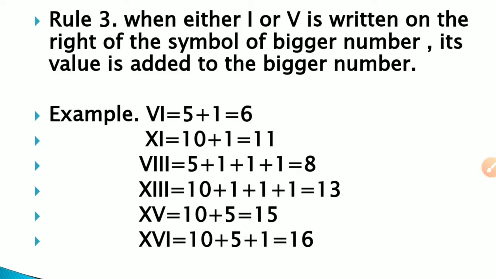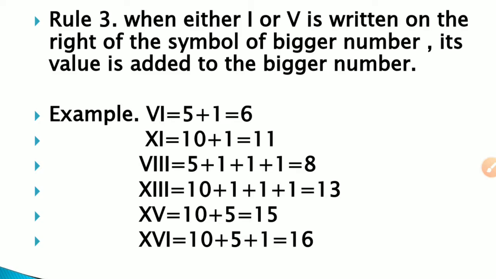What is the value of I? 1. The I is written on the right hand side of the bigger number, then we will add the values. 10 plus 1 is equal to 11. Next, V and 3 times I. The value of V is 5. 3 times I, that means 1, 1, 1.